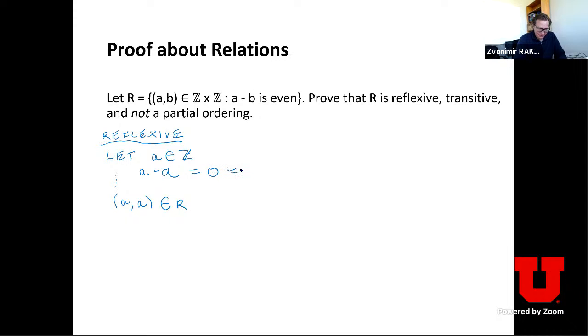And 0 is equal to 2 times 0, so it means it's even. And from there, it follows that (a, a) is an element of R. So that finishes the proof that it's reflexive. Reflexive is usually the easiest proof. Usually it's really straightforward.